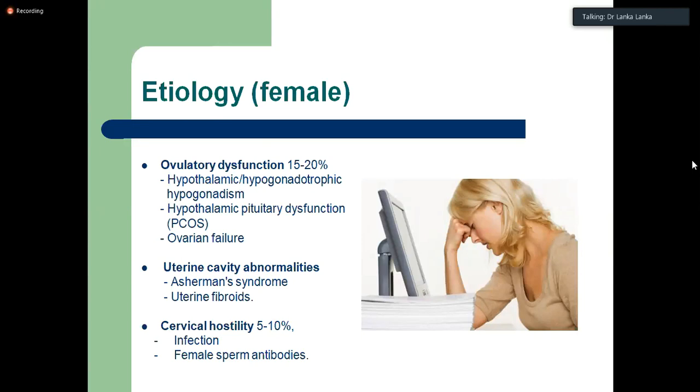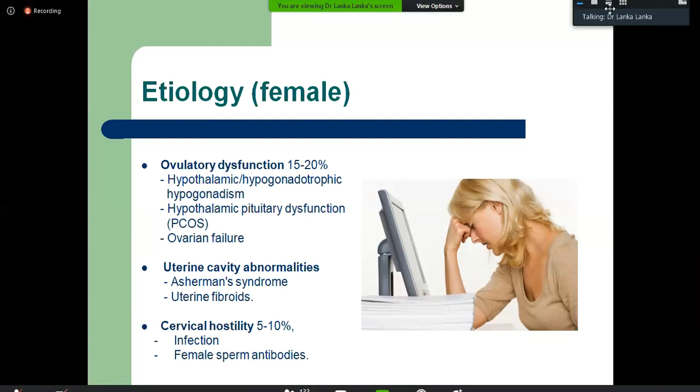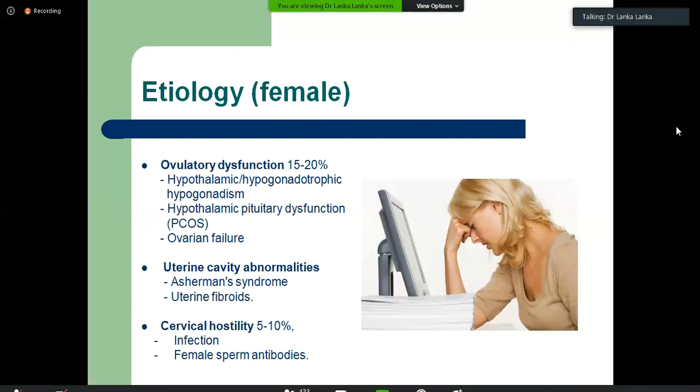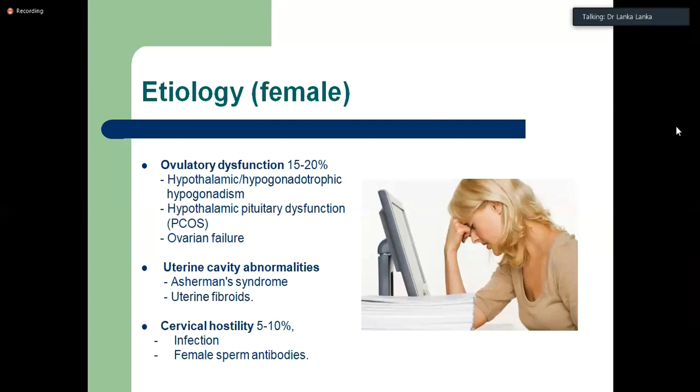If it disturbs the normal function of the cavity, with distortion at the cervical level, then the transport of the sperm and the embryo implantation is defective. So ultimately they will have subfertility. Asherman syndrome, you know, is excessive curettage of the endometrial surface up to the basal level, damaging the basal layer of the endometrium and causing adhesion formation within the cavity, and that is iatrogenic.